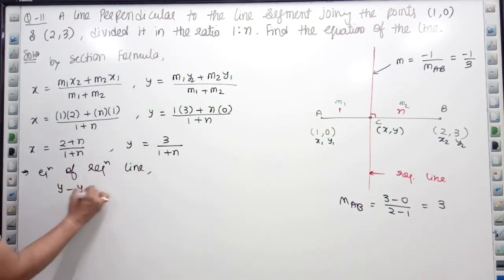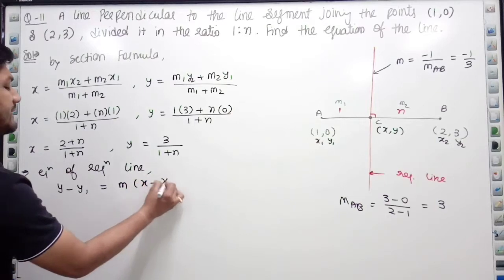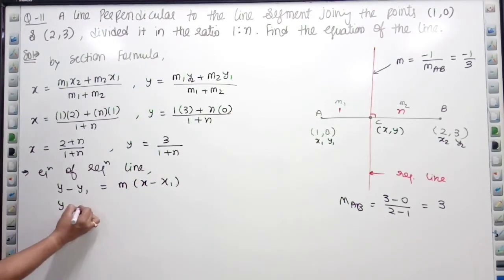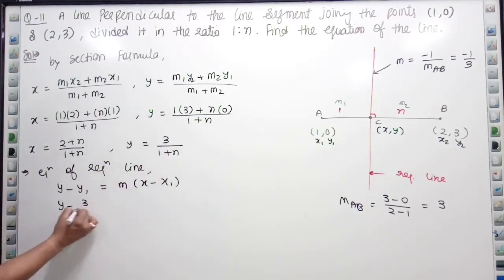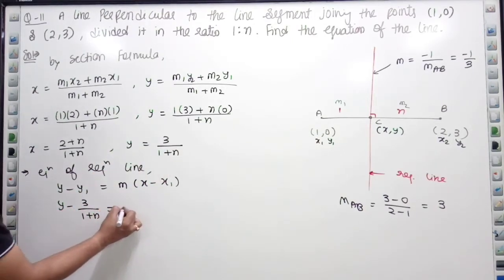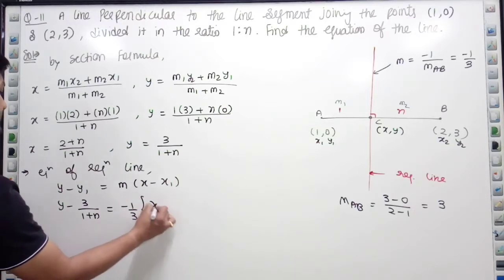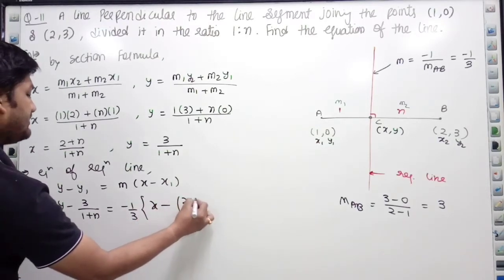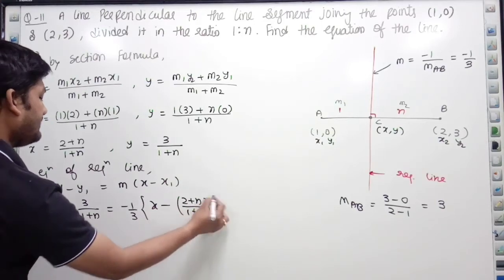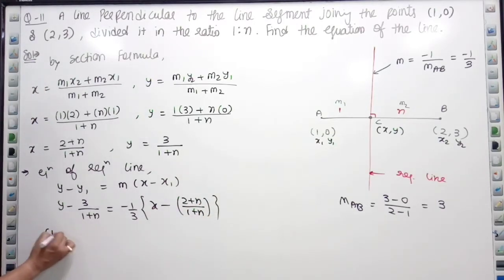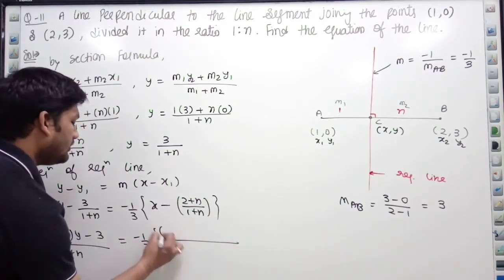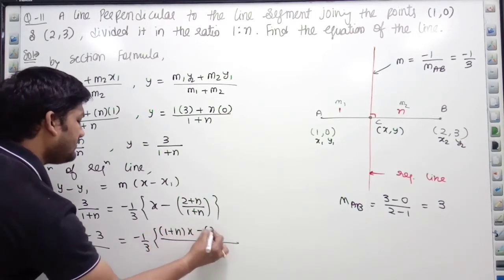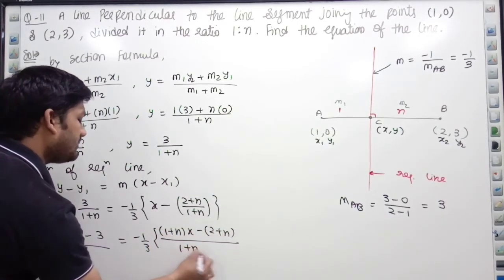y minus y1 equals m times (x minus x1). Here y1 is 3 upon (1 plus n), equals m, times x minus (2 plus n) upon (1 plus n). So I am taking the LCM: (1 plus n) into y minus 3, upon (1 plus n), is equal to -1 by 3, times (1 plus n) into x minus (2 plus n), upon (1 plus n).